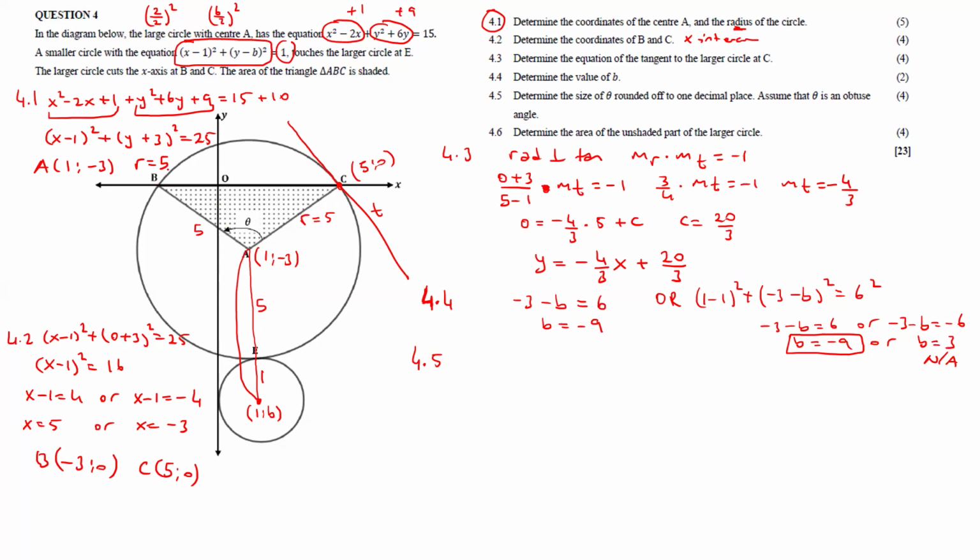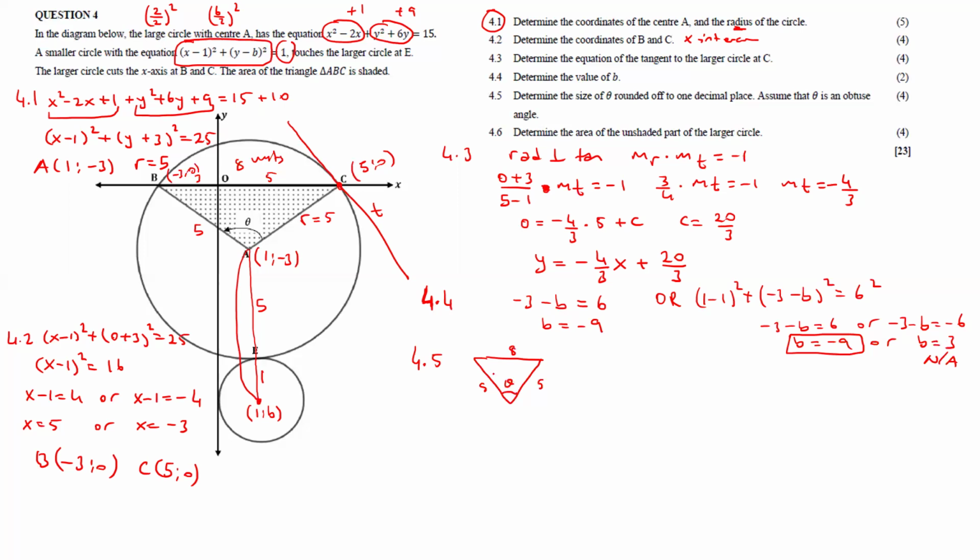And we have the coordinates of B, which was negative 3 and 0. So that means OB is 3 units, OC is 5 units. That's 8 units altogether. So we have a triangle with sides 5, 5, and 8.